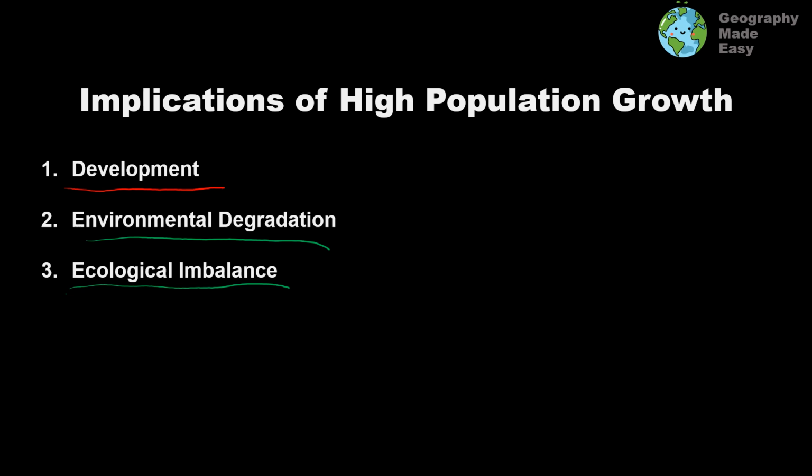Many times these problems arise because of high population, and that cannot be completely mitigated. So these are the three areas where we need to think about how to reduce populations.